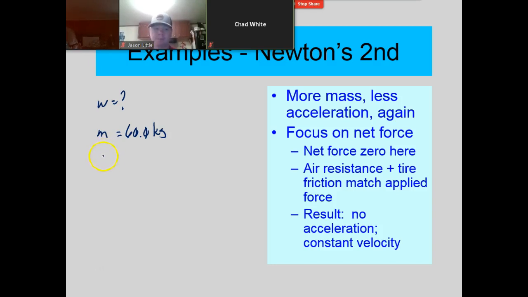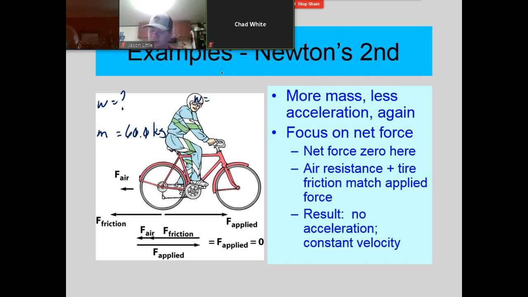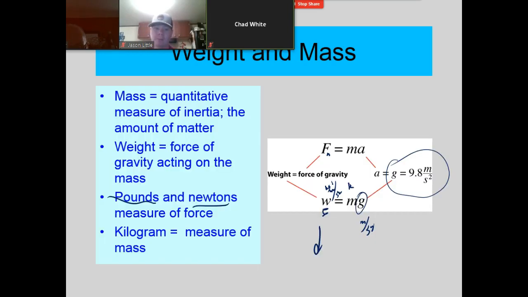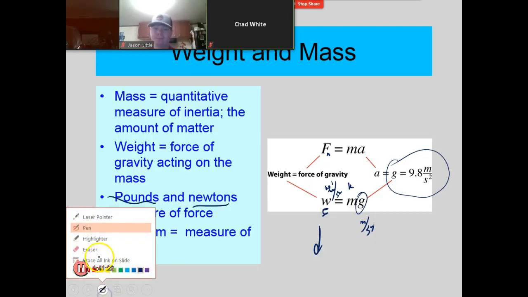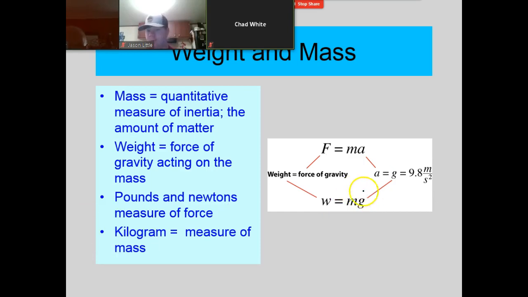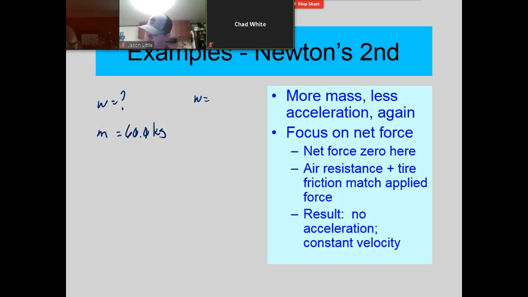One thing we're missing here. w is equal to, what's the formula? w is equal to mg. What are we missing? g, which is 9.8 meters per second squared. So, since you're on the surface of the earth, g is equal to 9.8 meters per second squared.